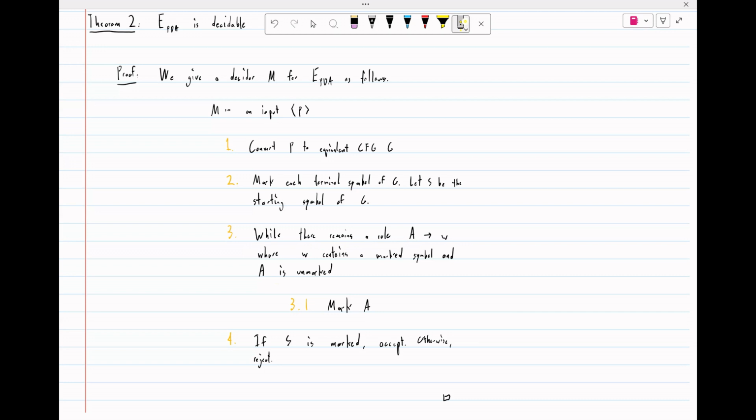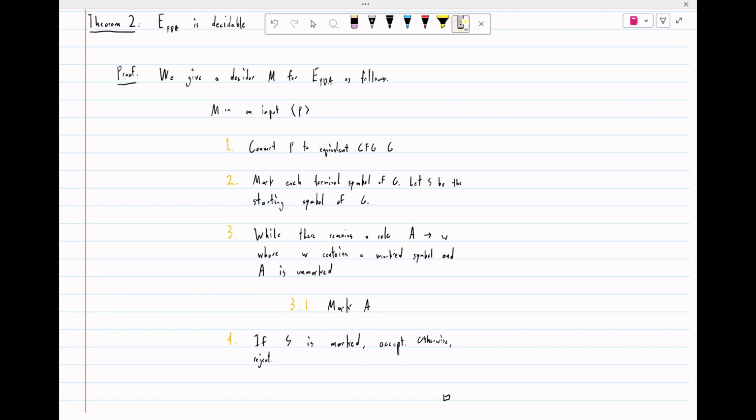On step 2, you say, these are all of my terminal symbols. On the first iteration of the loop on step 3, you say, these are all my rules that lead to a terminal symbol. On the next iteration, these are all of my rules that lead to rules that lead to terminal symbols. You keep doing this until you can't mark anything new anymore.